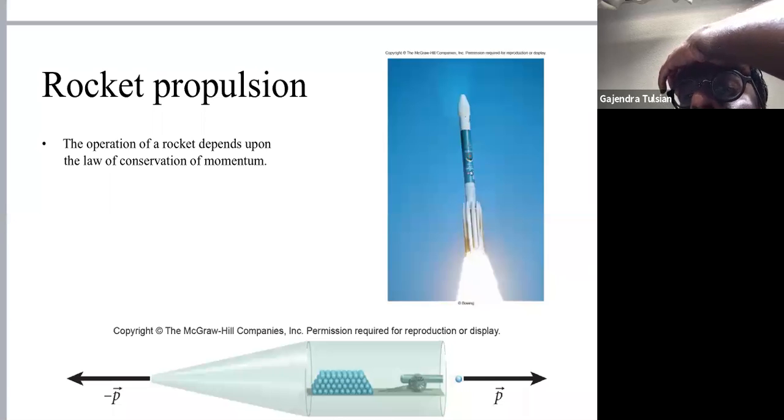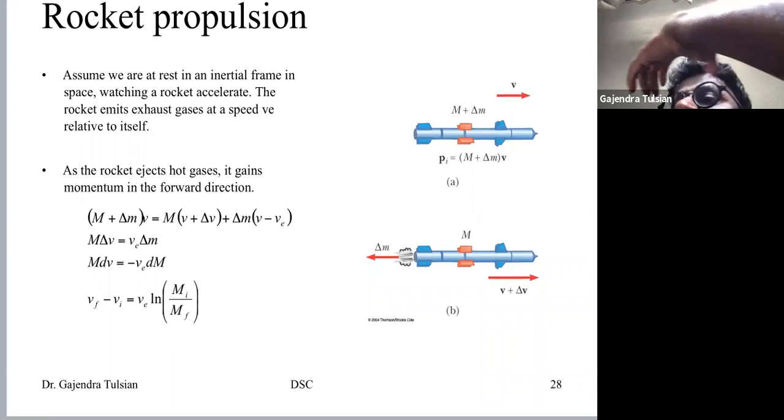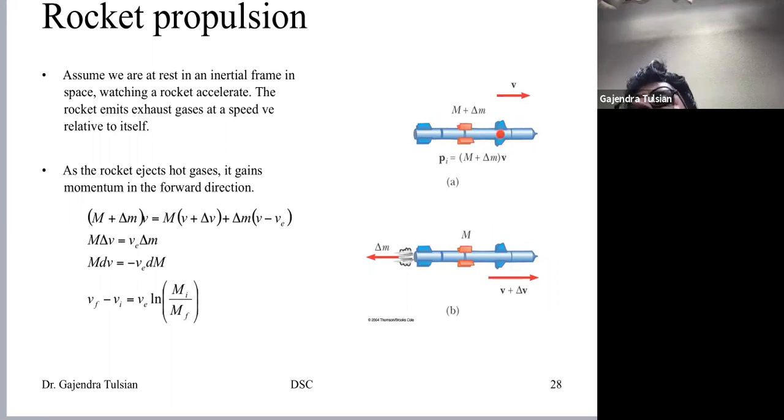Here's a situation we'll consider. Imagine this is happening in outer space, far away from any gravitational field. Here's a rocket going at this velocity, and right now its mass is that. The way this rocket speeds up is it fires hot gases in that direction. And because it's recoiling, its velocity increases.